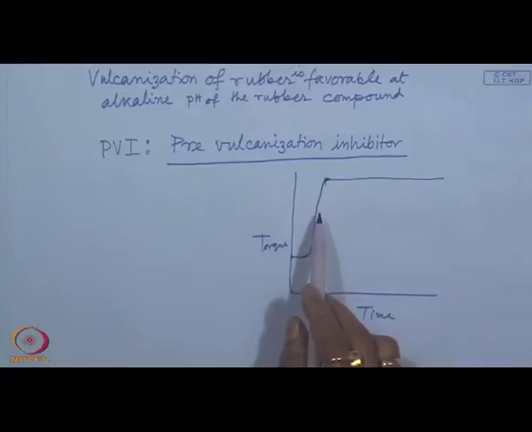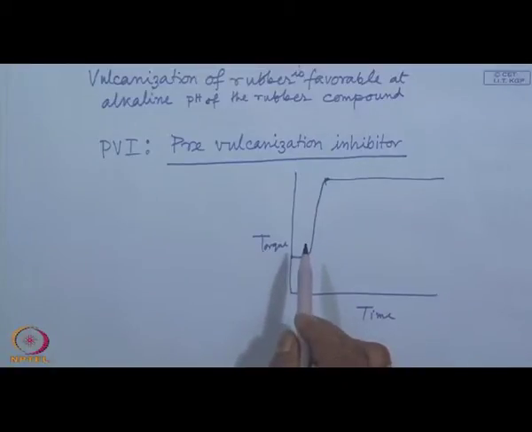Now, if a fast accelerator is used, it should be compounded with proper care, otherwise it will scorch the rubber compound during compound formation or during the processing, shaping or fabrication operation. But this is a little difficult. So use of fast accelerator is restricted, but one can use it, provided this region can be kept safe, even if a fast accelerator is used.